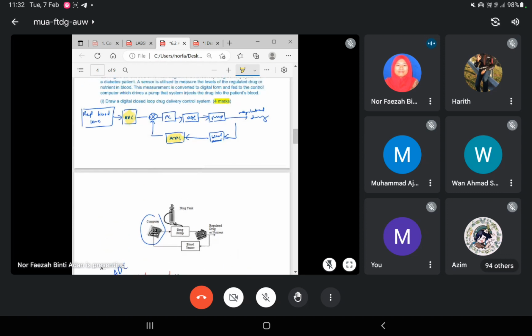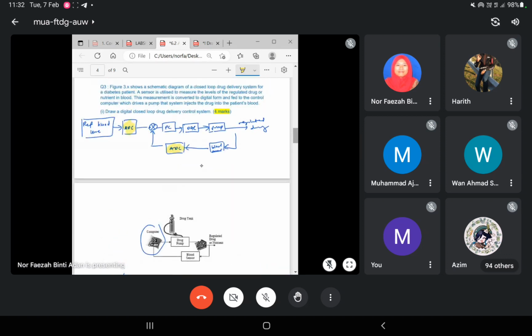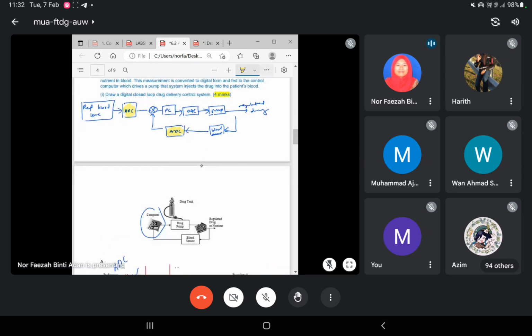Macam mana saya nak muatkan ni? Tak ada ruang lah pula. Saya dah lukis kat sini lah. Kecil sikit. So reference blood level. Ataupun you boleh letak blood level or drug level lah. So not blood level lah, more to drug level and your blood.